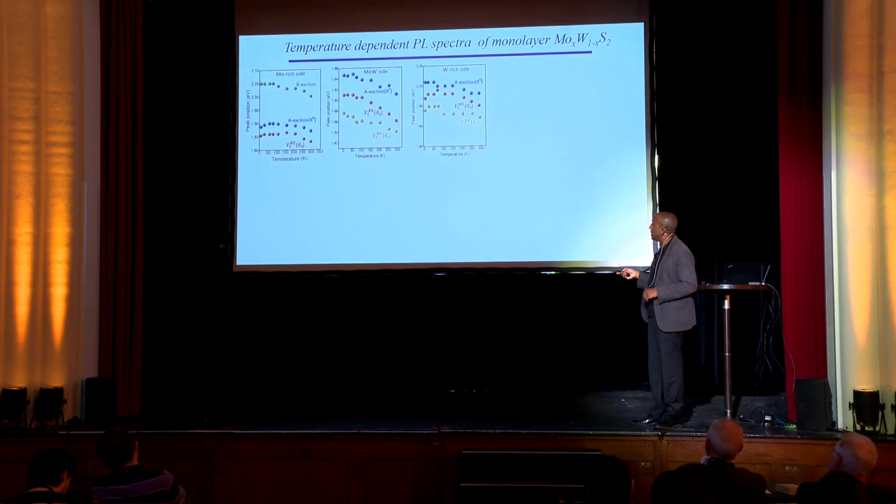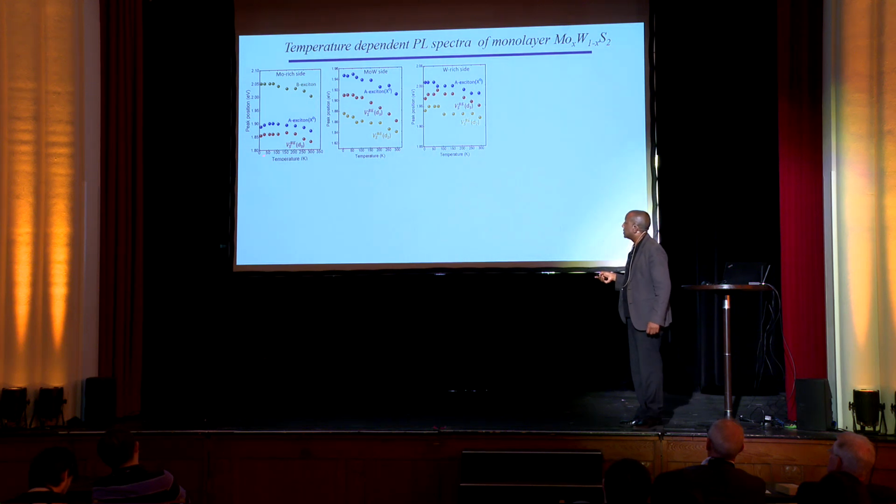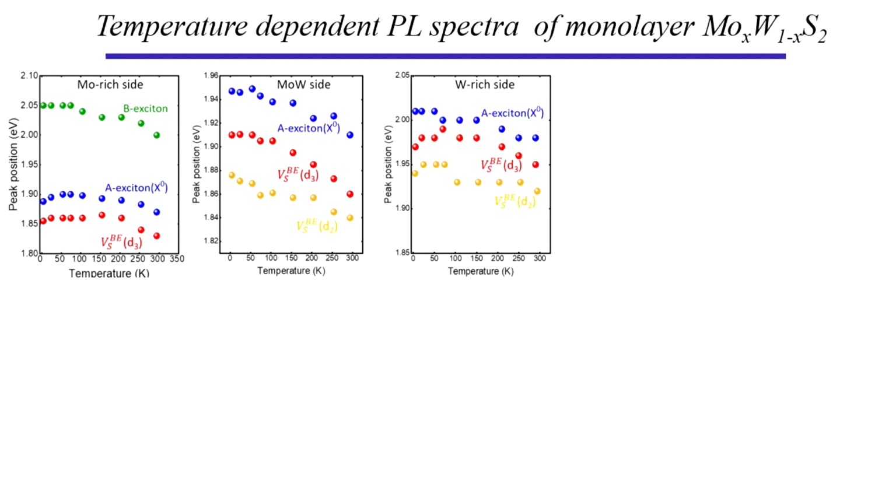What we found is, if you plot the peak position as a function of temperature for the first 3 peaks, peak 1, peak 2, and peak 3, which are assigned as the B exciton, A exciton, and this vacancy center peak for the center molybdenum-rich side, you get something like this, and you do that for the 3 regions.